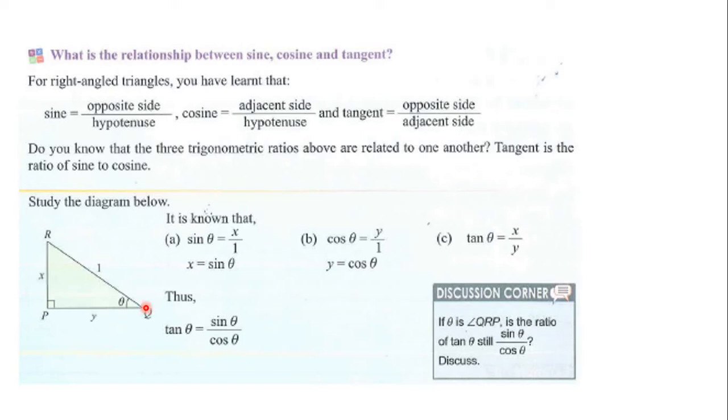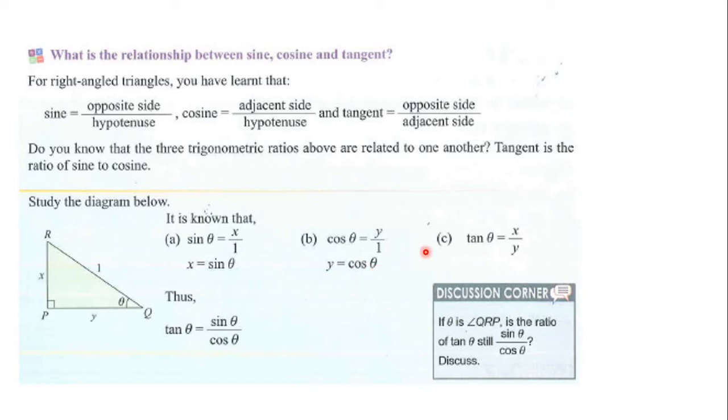So X over 1, therefore X equals sine theta. Next, cos theta is adjacent over hypotenuse, which is Y over 1. Y equals cos theta.